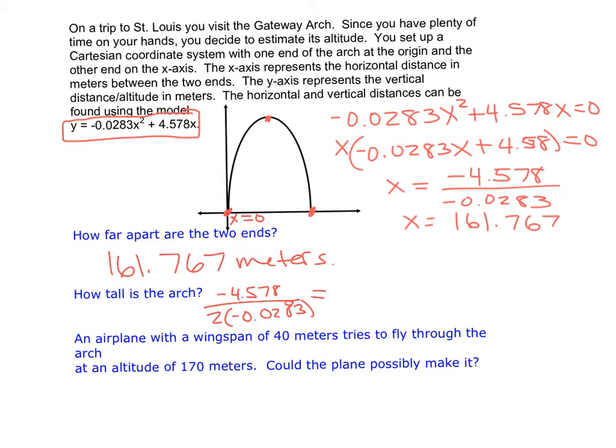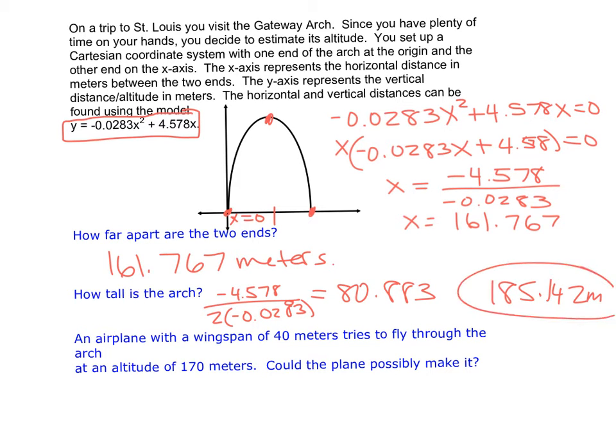Let's see what we get. I got 80.883, and then that's the x value. So then we need the y value, so now we're going to plug that into the equation. And I got 185.142 meters.